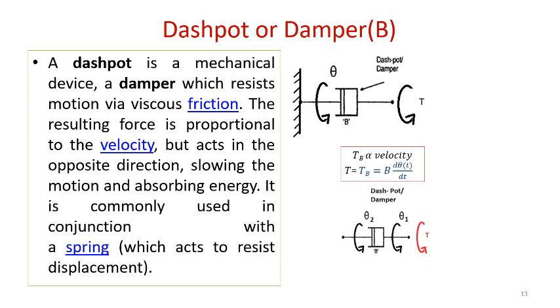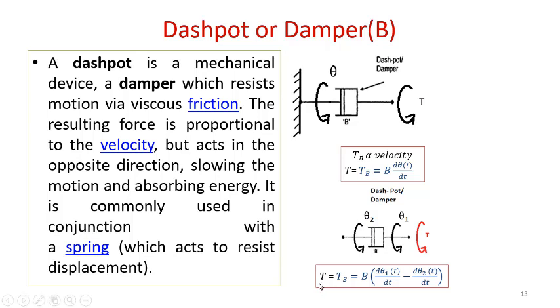If we suppose we have the two ends free for displacement, the displacement due to applied torque on this end is theta 1, and on the other end, the twist is theta 2, then the reactive torque will be directly proportional to the net change in velocity.